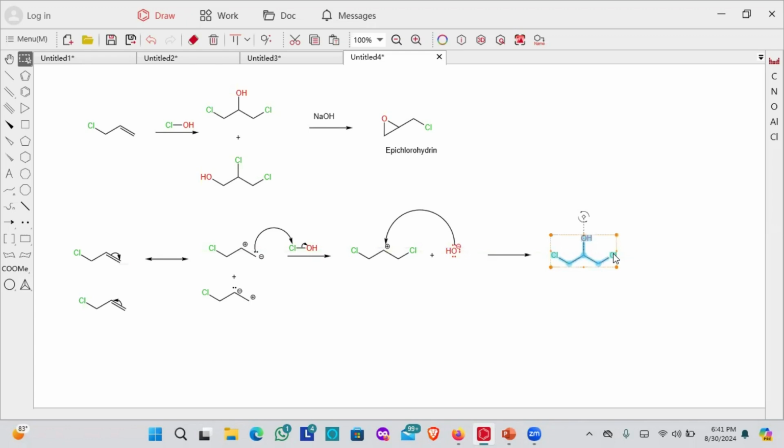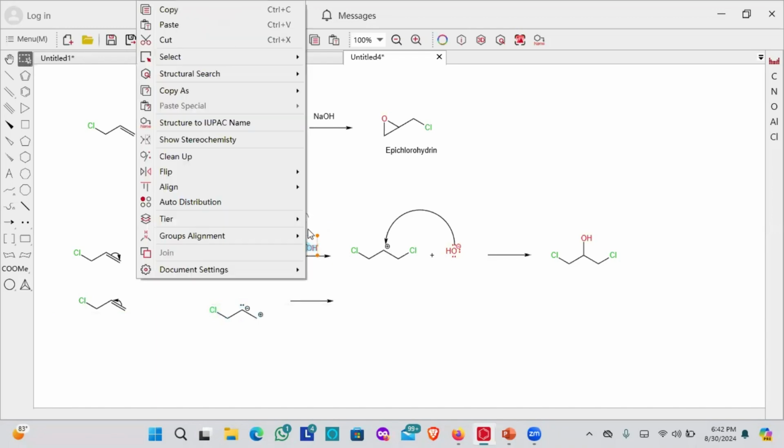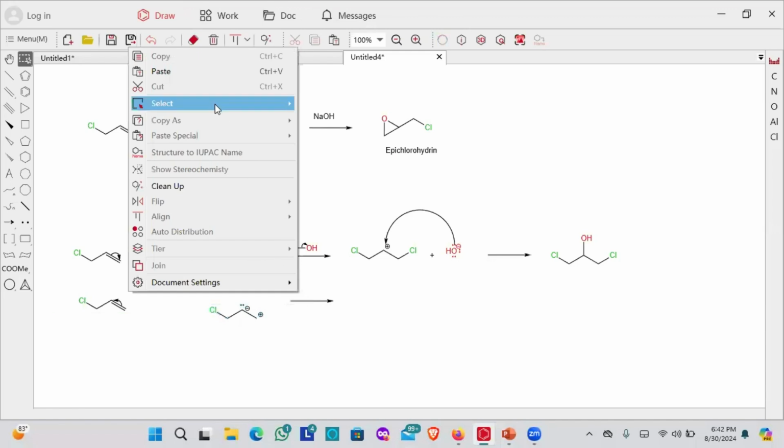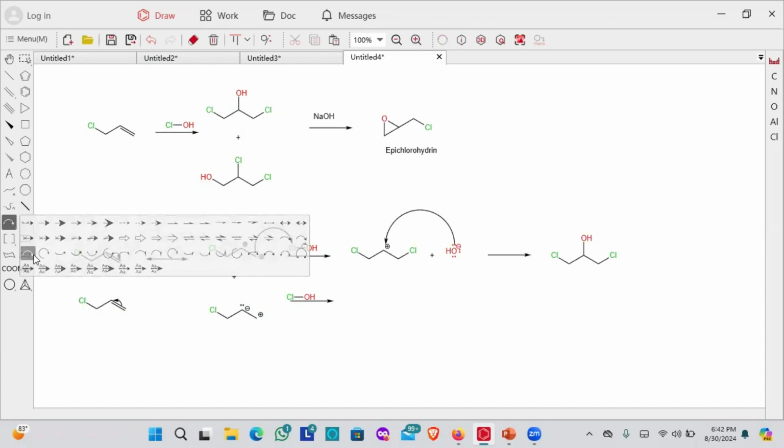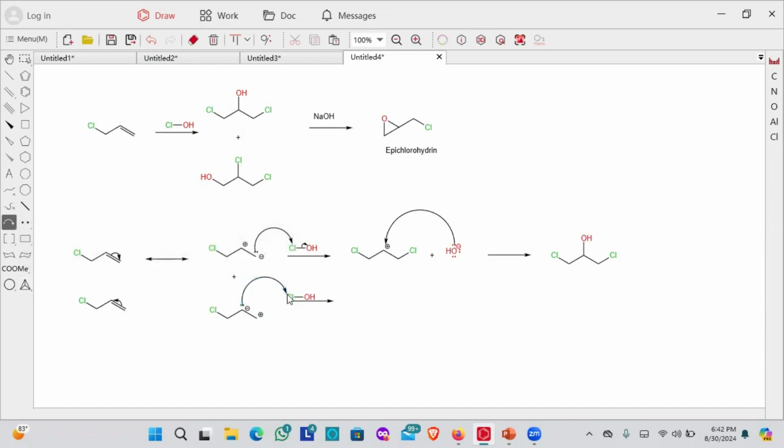Now for the other molecule, I'll show how the mechanism is actually going to work out, which is pretty similar. Let's move this a little bit downward. And of course, the electron pairs here as well are going to attack the chlorine atom, which is going to remove the hydroxide ion.